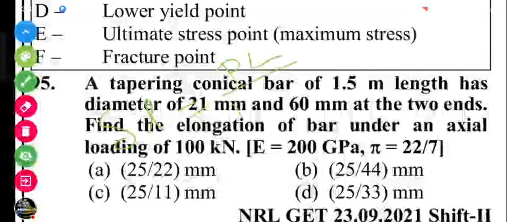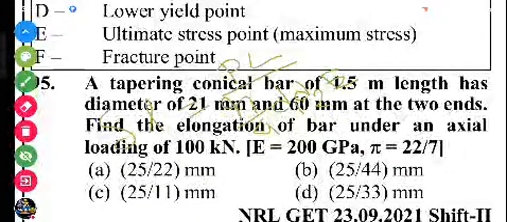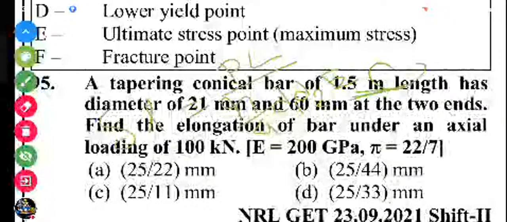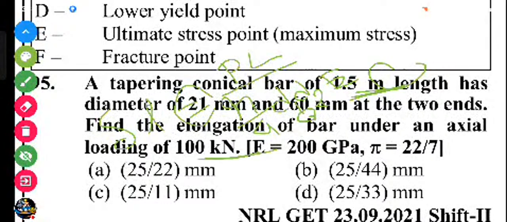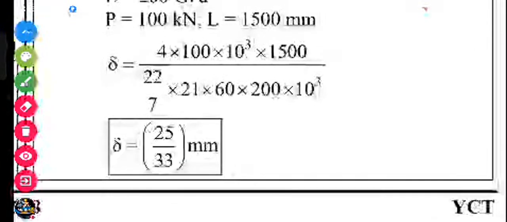PL by pi by 4 into d1 d2. Here L is 1.5, and d1 and d2 are given. P, the axial load, is also given, and E is also given. You can solve this equation easily. This is the solution, about 5 by 25 by 33 mm.